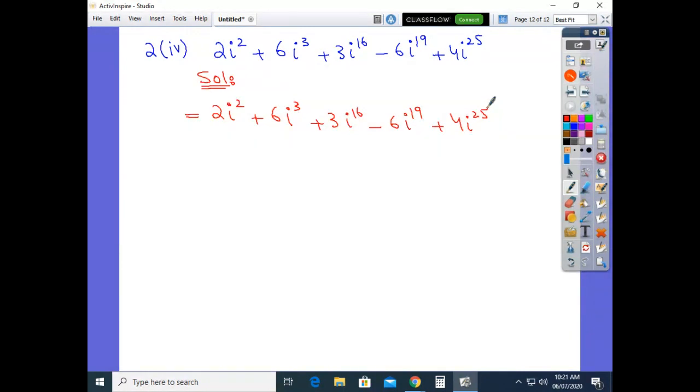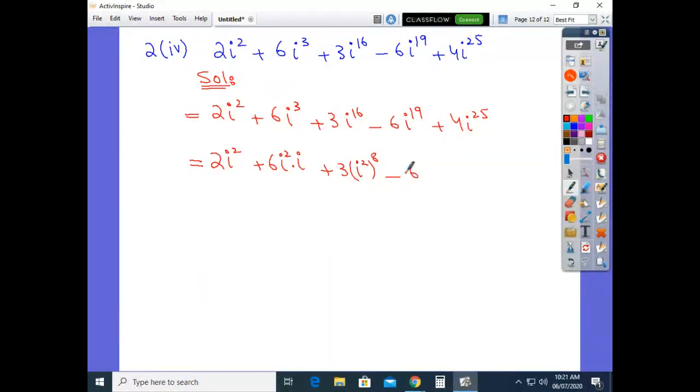As we know that iota square is equal to negative 1, we replace the values here. 2, here we write iota square. 6, iota cube can be written as iota square into iota. Similarly, 3, iota 16 can be written as iota square raised to power 8 because 8 twos become 16.